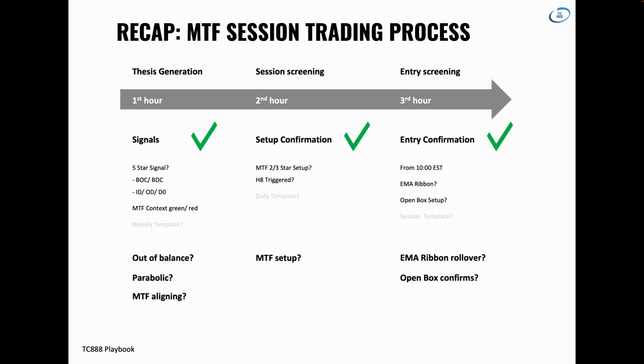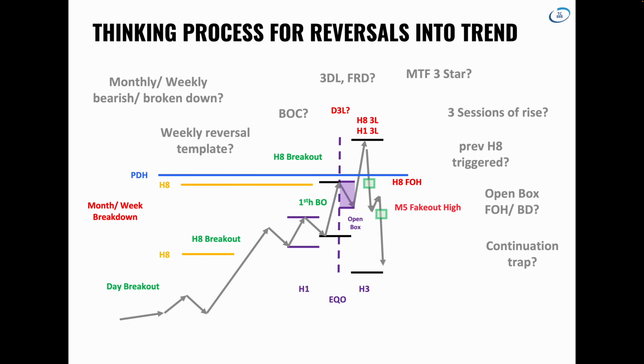And now we will go through this whole process and discuss it for this specific play. So the thinking process for these reversals into trend. Let's go through this quickly and then go into these elements. So the first thing we always look at is the monthly, weekly bias.